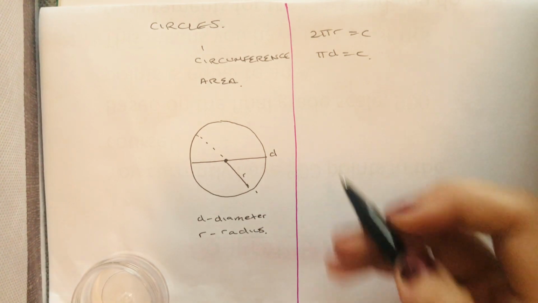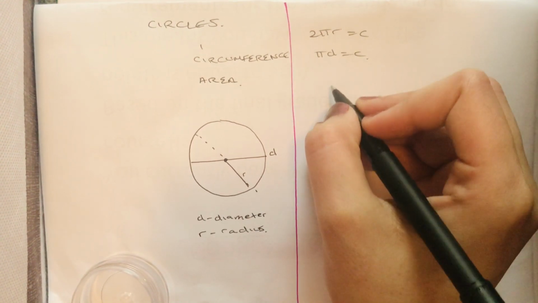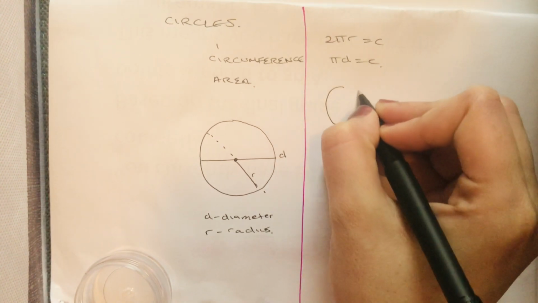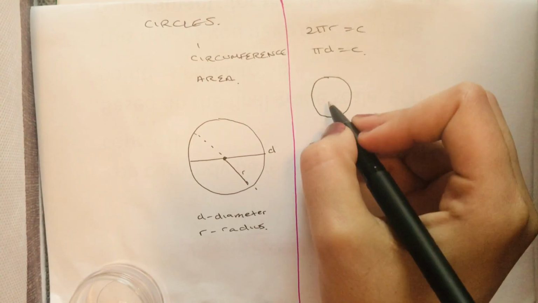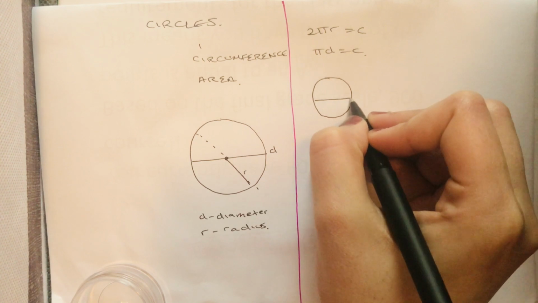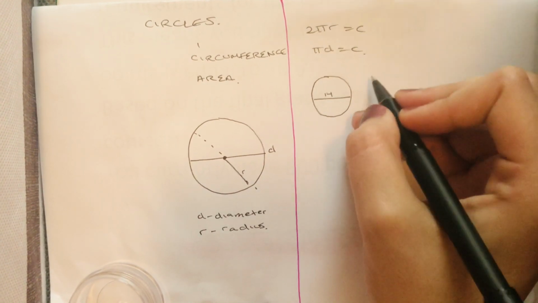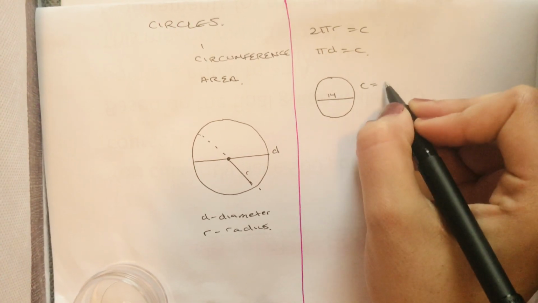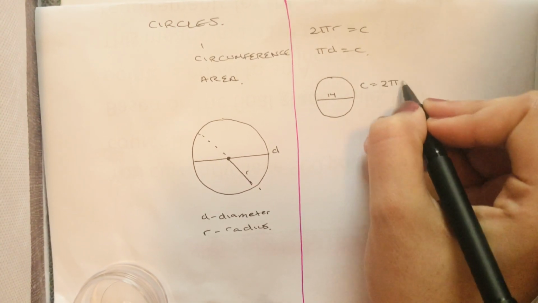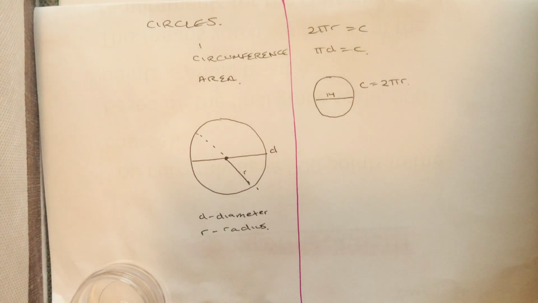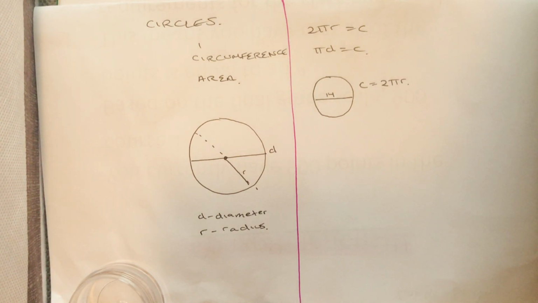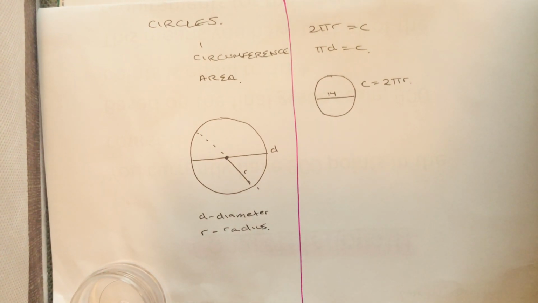Let's look at a question for both of the formulas. The first one here is a circle with diameter 14, but your professor told you to use the formula circumference is equal to 2 pi r. But are you given the radius here? Nope. What are you given? The diameter.